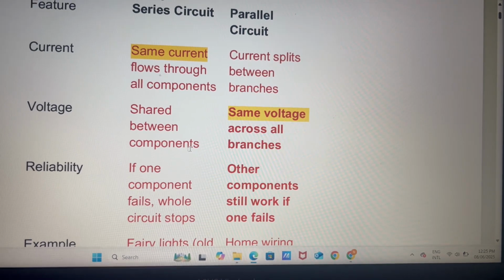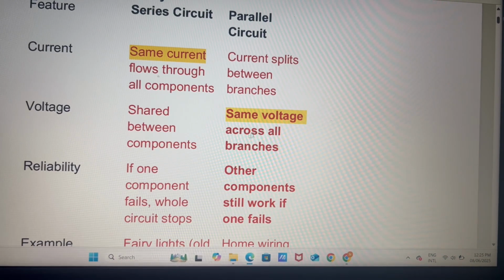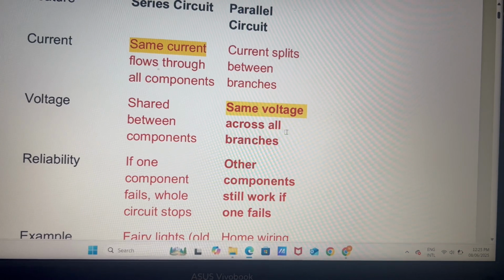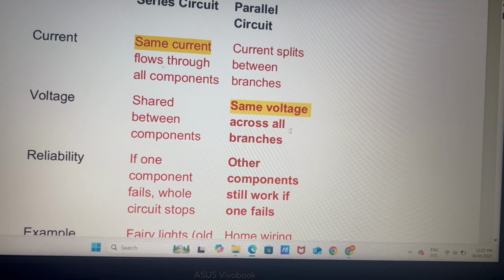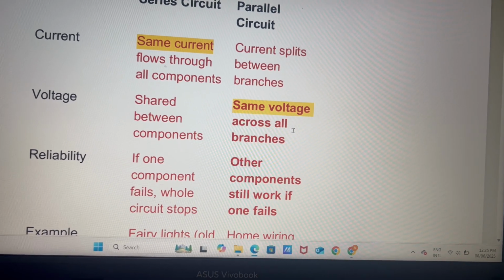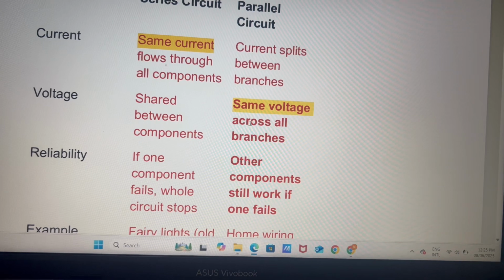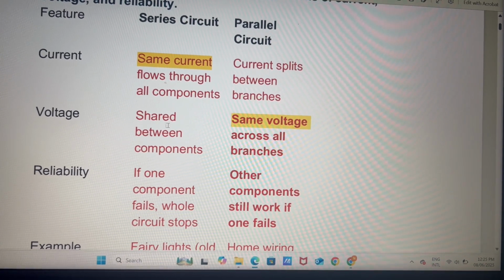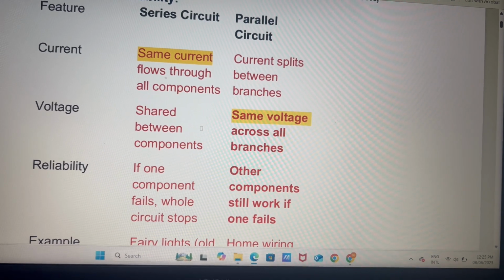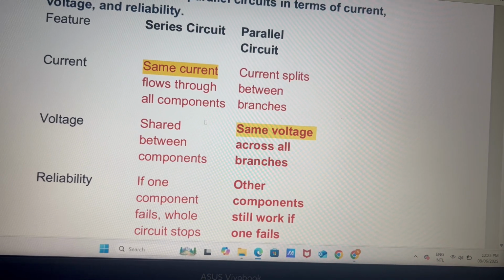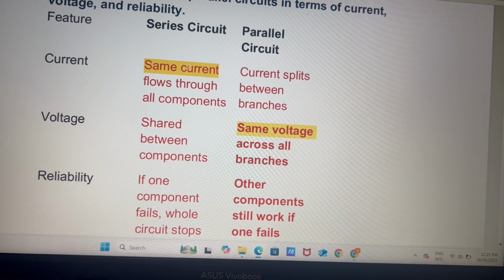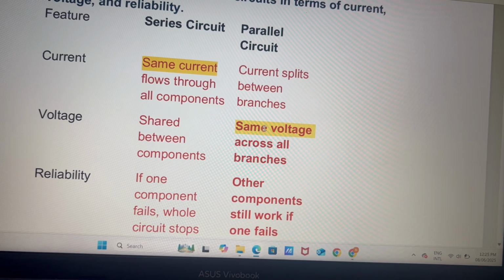For the parallel circuit, the voltage is the same. If you use a voltmeter anywhere in the parallel circuit, it will give you the same reading everywhere across all the branches. But it doesn't happen in the series circuit. The voltage is actually shared between components. So here in the series circuit, same current. Parallel circuit, same voltage.